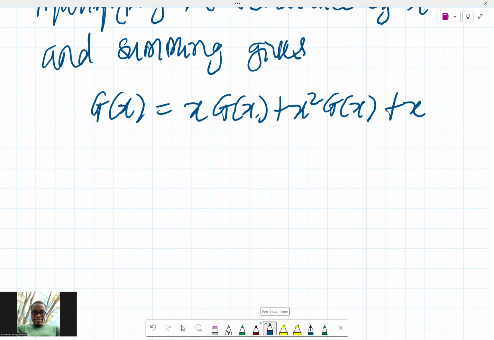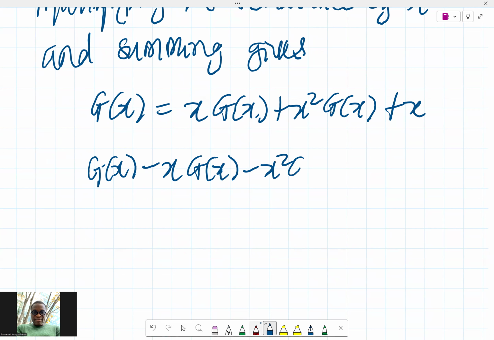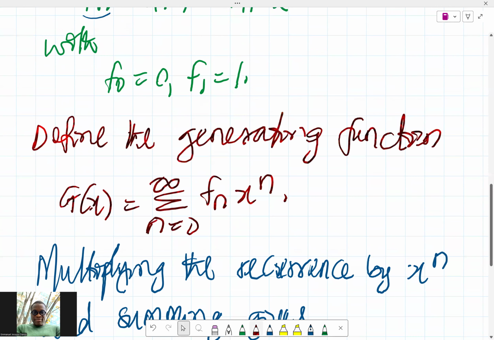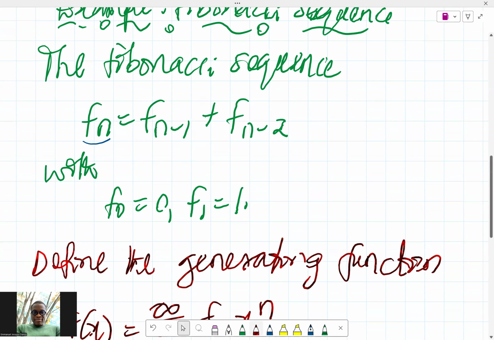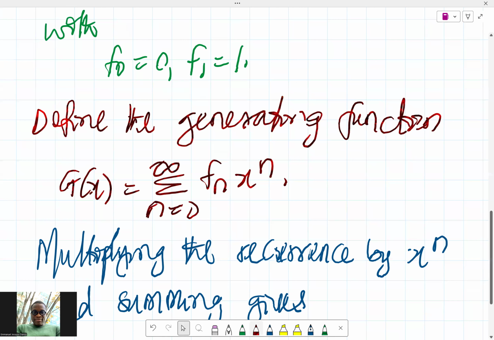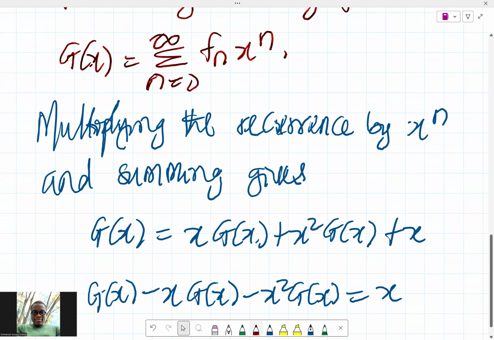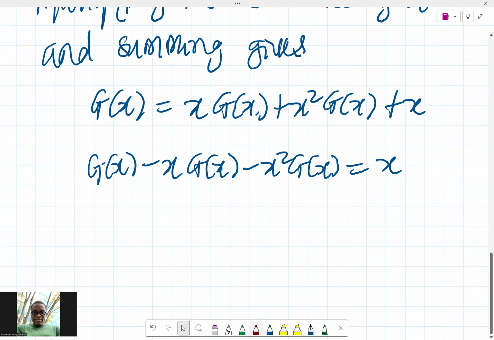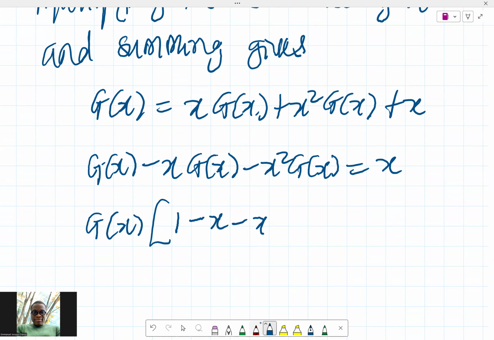To do that, we have g of x minus x g of x minus x squared g of x, and all of that is equal to the x that is left there. So what that means is that we now have g of x times 1 minus x minus x squared, and all of that is equal to x.